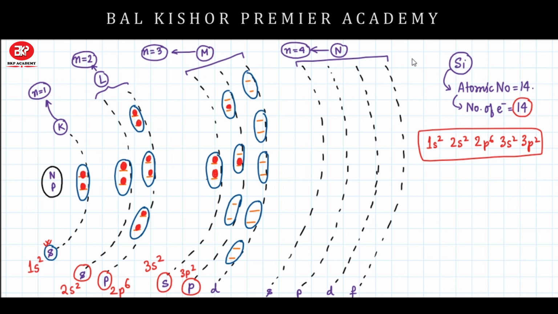Now each orbital contains two vacancies, as we have already said, and these vacancies are called the energy states. So we can write this is the orbital. We can also write here these are the energy states, the vacancies. This is also an energy state, and these are the electrons, the red dots are the electrons.